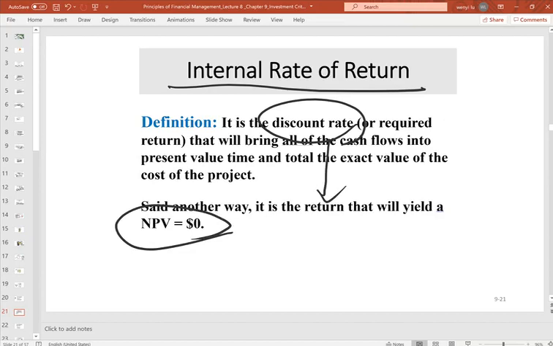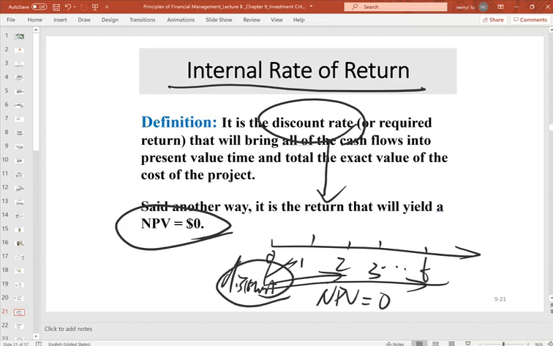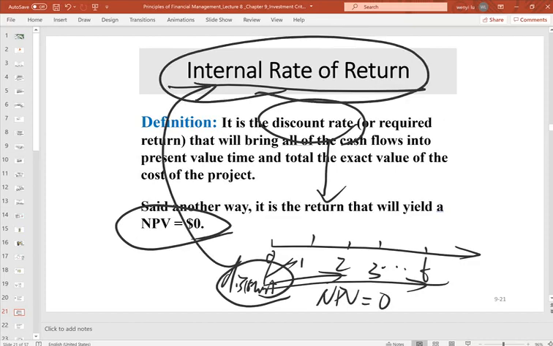For example, based on the cash flows given from time 0 to time t, you use a discount rate, and this discount rate helps you get NPV equal to 0. Then this discount rate is our internal rate of return.